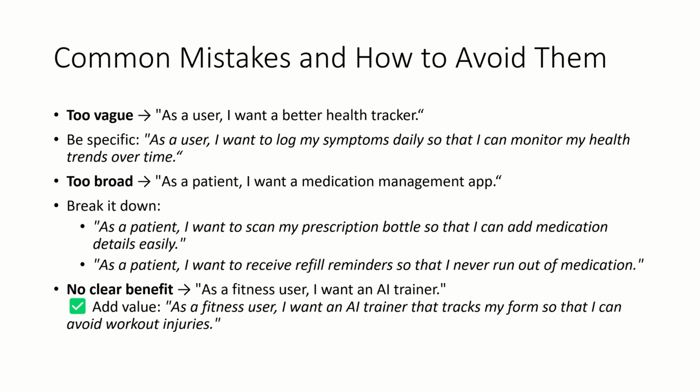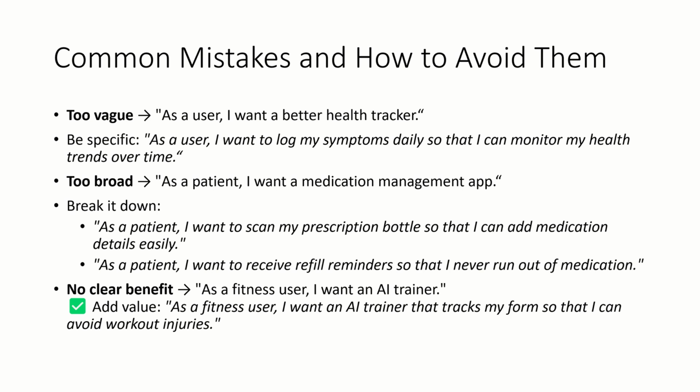I read some of the reports you provided to me. Those have some common mistakes you can try to avoid. For example, as a user, I want a better health tracker.